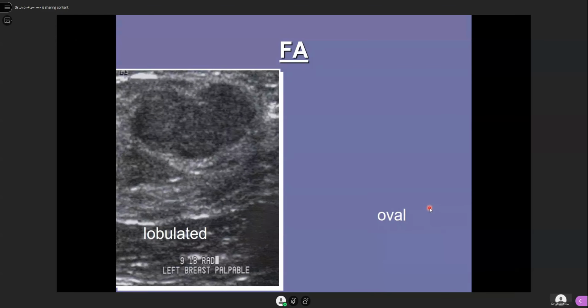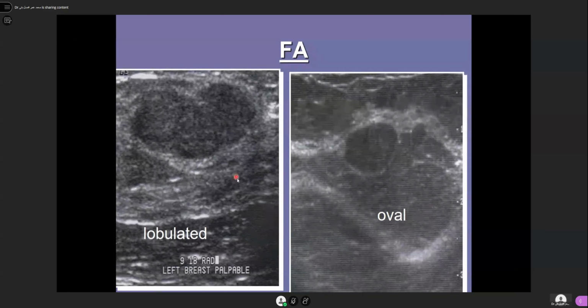So this is just a repetition for you. These are benign breast masses. Why are they benign? Because you can see this is wider. This is an ultrasound image. You can see it is wider than tall. And you can see the second image. It is very well defined. It has a thin capsule.